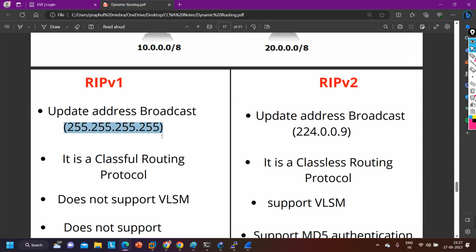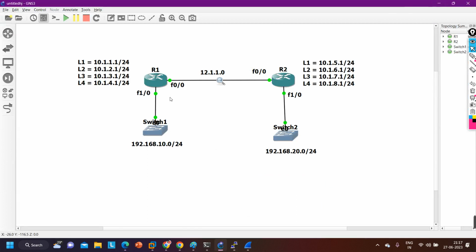One difference is that here the destination is broadcast, while in version 2 it is multicast. Version 1 is a classful routing protocol and version 2 is a classless routing protocol. Classful means we cannot use classless networks. Here we have classless networks. Yes or no? Yes, yes.